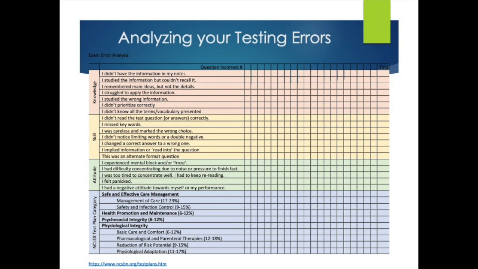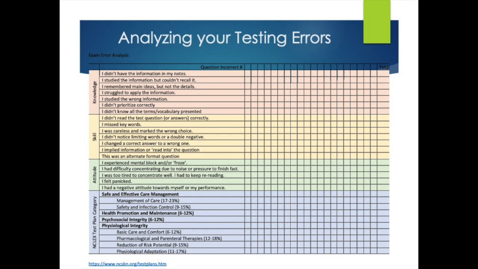I have gone out to the website listed below on that form, the NCSBN, that's our National Council of State Boards of Nursing. They are the ones who create the NCLEX exams. There is a new test plan out starting April 2019. And this test plan determines about how many questions of each category you might get on your NCLEX.